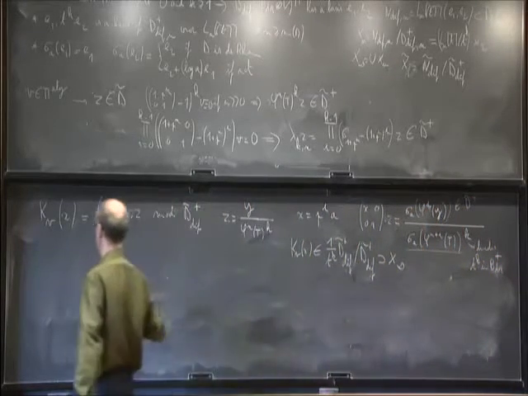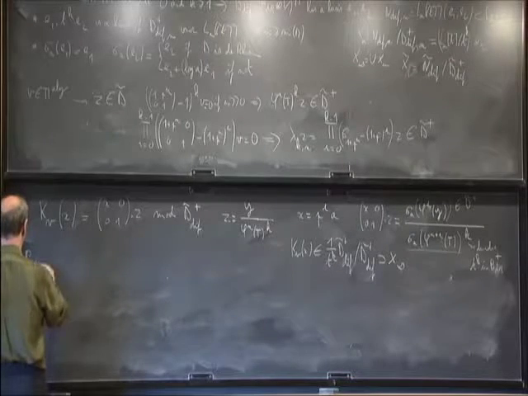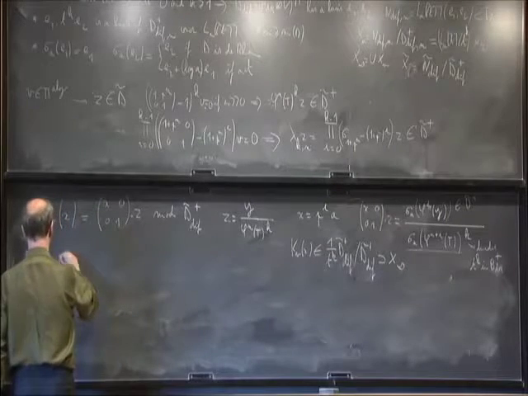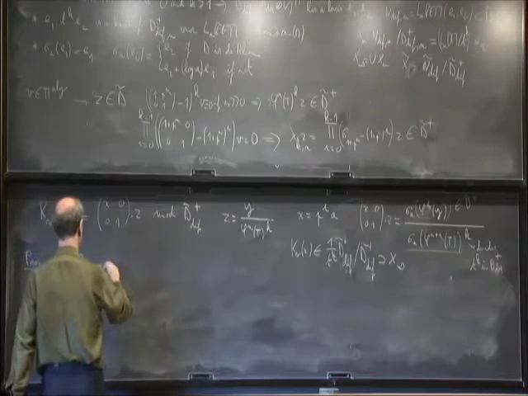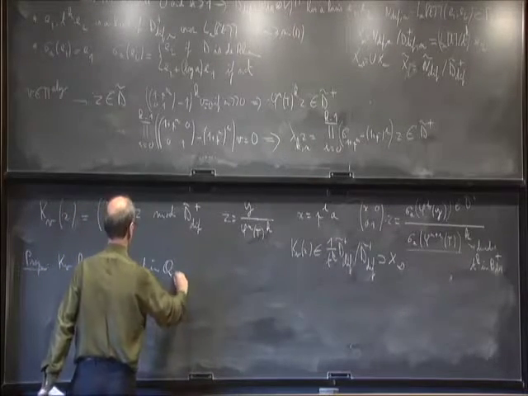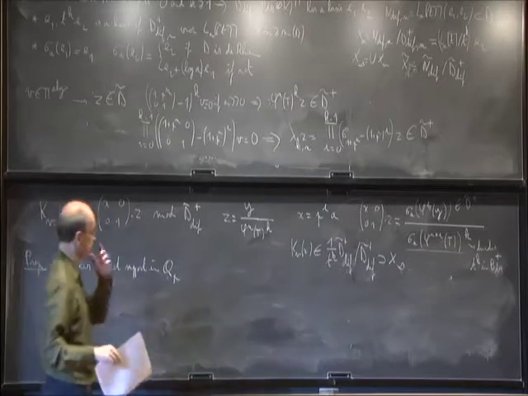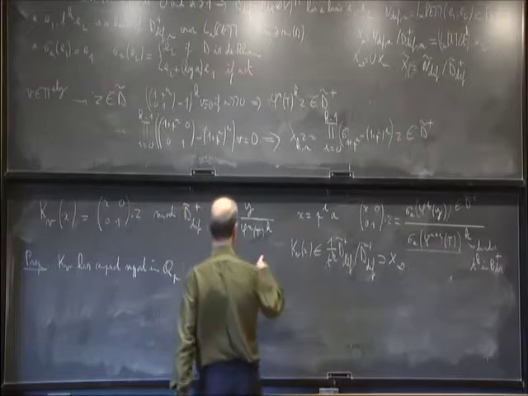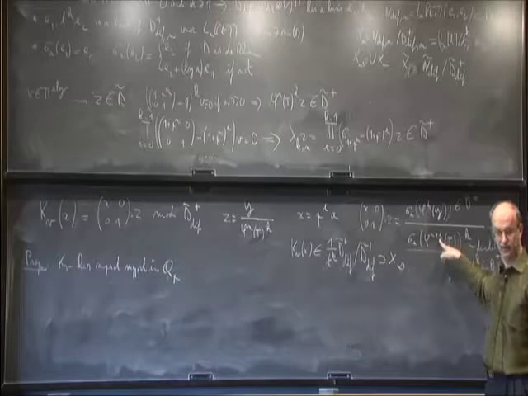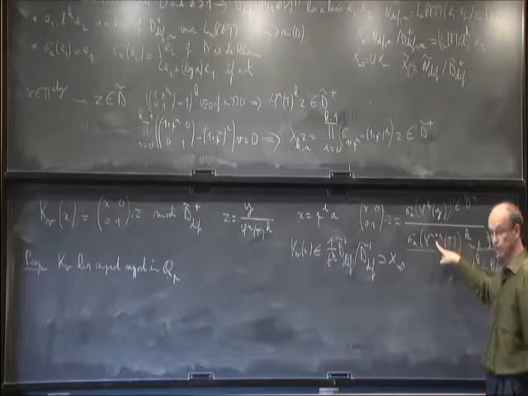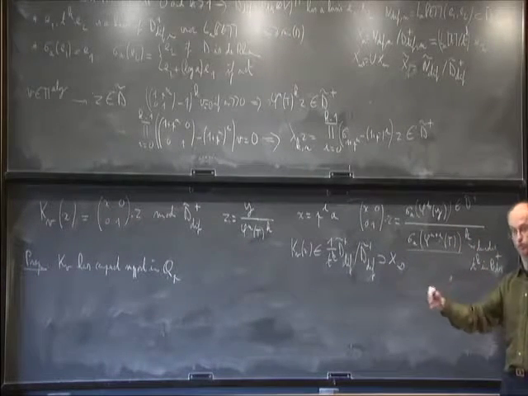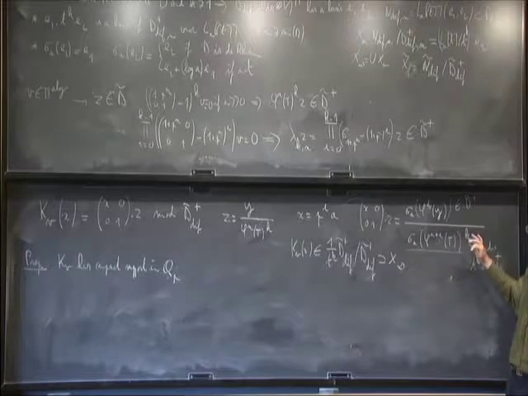So now the proposition is the following. The first thing is that kv has compact support in Qp. This is just because if you take an I which is very negative here, what you get is a negative power of Frobenius, and what you get is going to be a unit in Bdr plus.